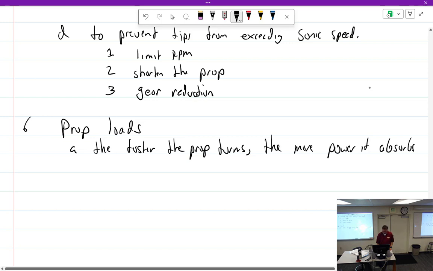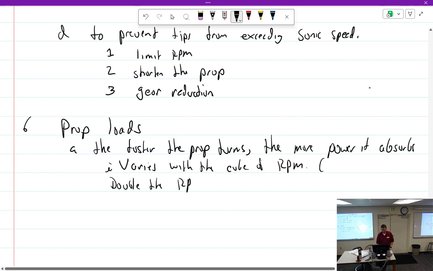I don't know. I could probably get rid of this whole note here, but since I started, it varies with the cube of RPM. So in other words, I'll put down here, double the RPM. Go from 1,000 to 2,000. That's going to equal 8 times the power.